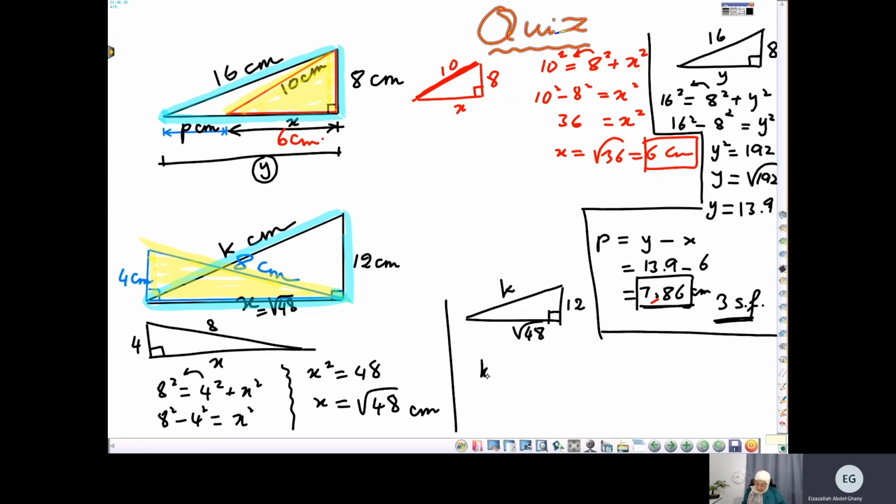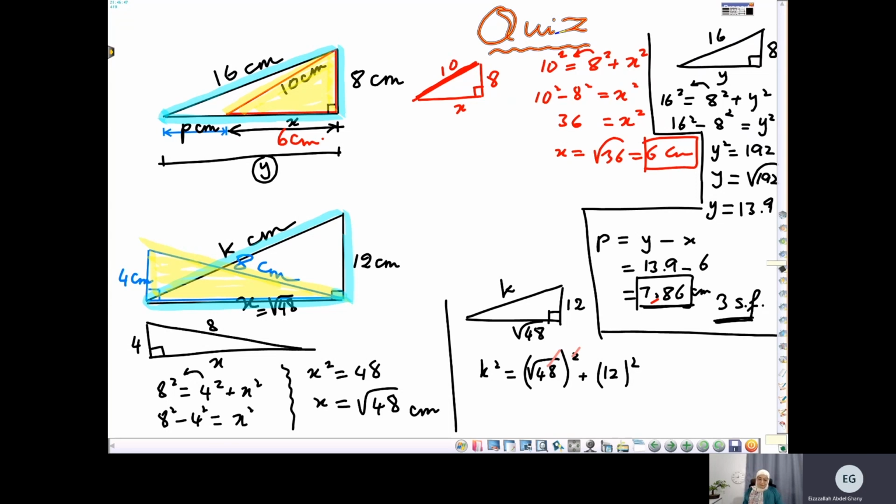So now k squared, it's the hypotenuse. Expect that you will add: k squared equals the square root of 48, but you square it, it will be a perfect 48, plus 12 squared. By squaring the square root, you will get only 48.